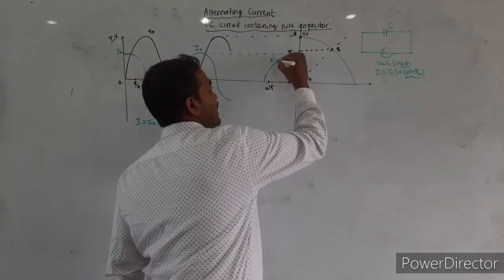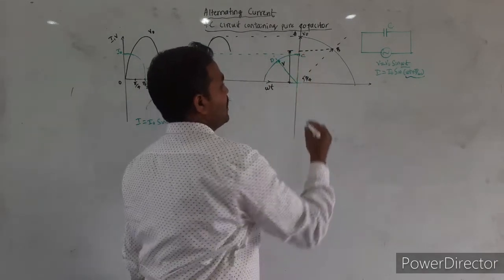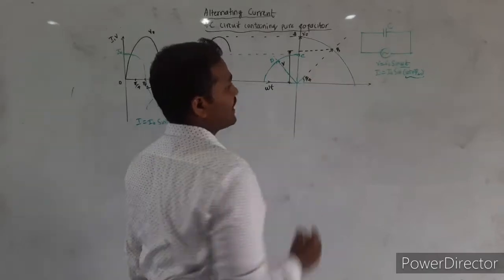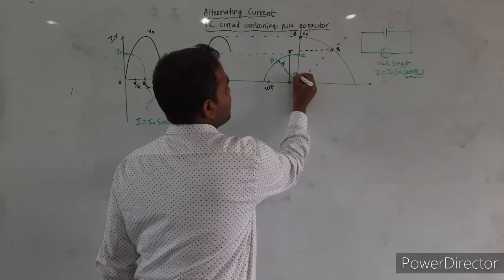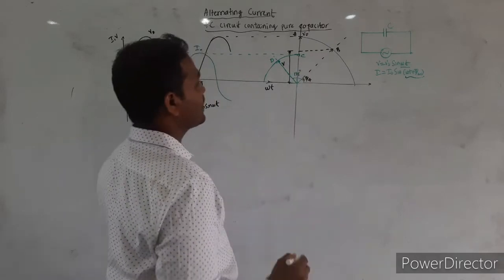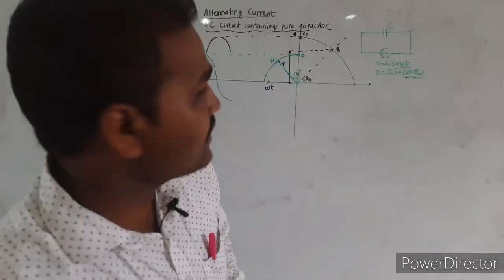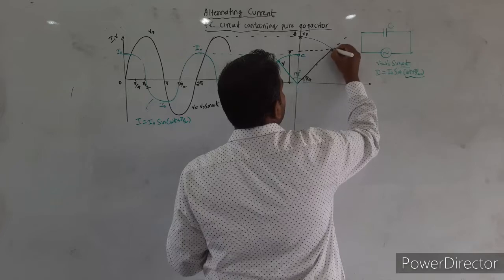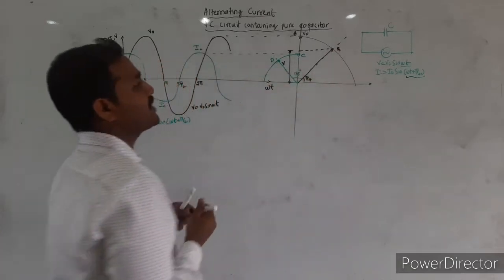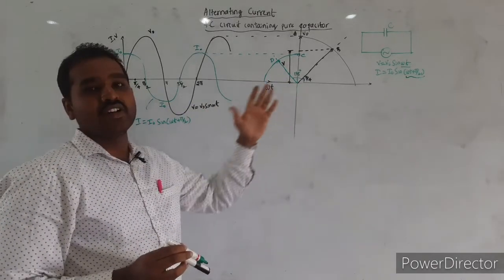So this line is the current phasor when the phase angle for voltage is 45 degrees, or the phase angle for current is 135 degrees. We can clearly observe that the current phasor and the voltage phasor are at an angle of 90 degrees.